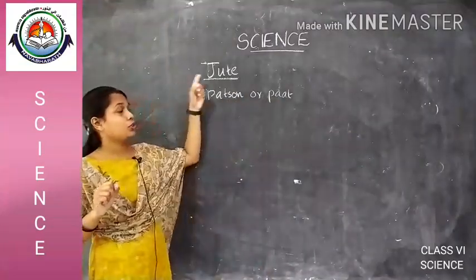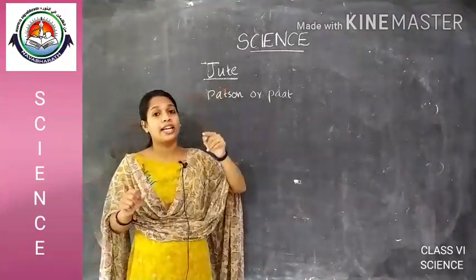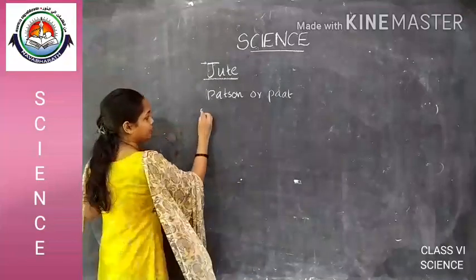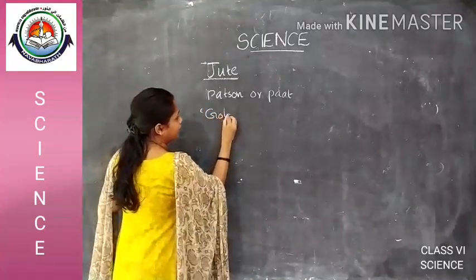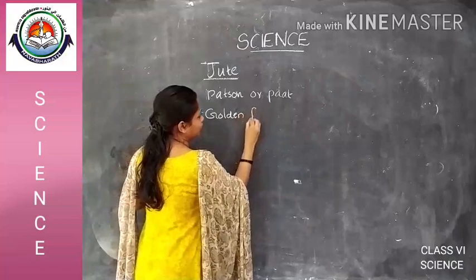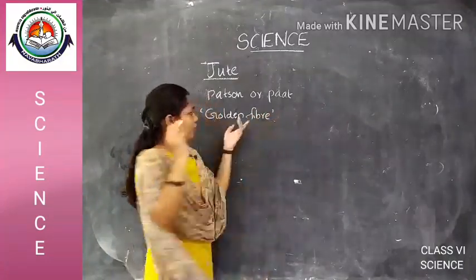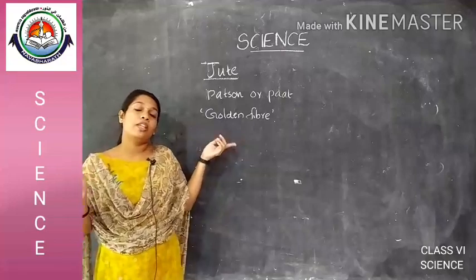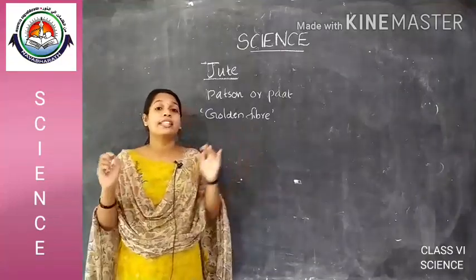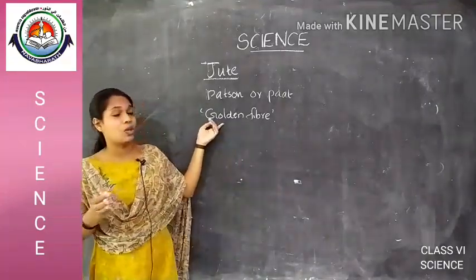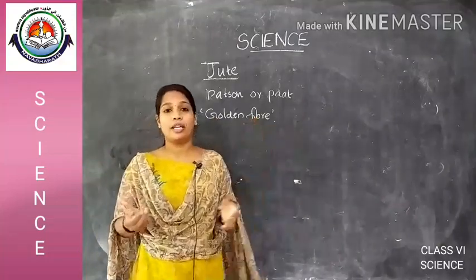And jute fiber is also called golden fiber. Why is it called so? Because it is golden in color. That's why it is called golden fiber.